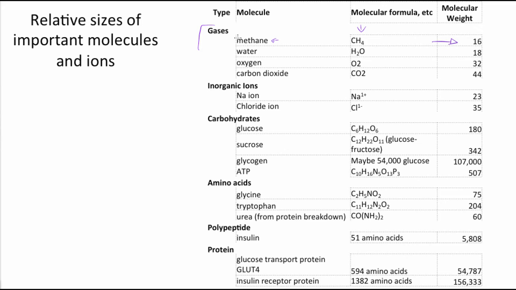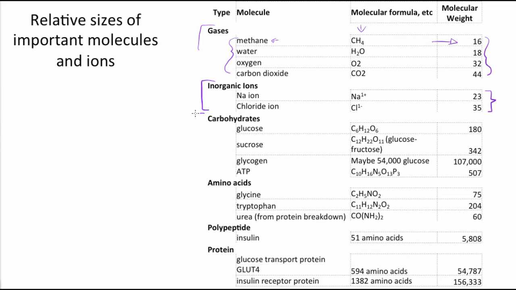So I've taken the gases, methane, water, yes, water can be a gas, and I've sorted them according to their molecular weight. And you can see that methane is even smaller than oxygen. Here are probably the most important inorganic ions that we're going to see, the sodium and chloride ions, and they're very small.